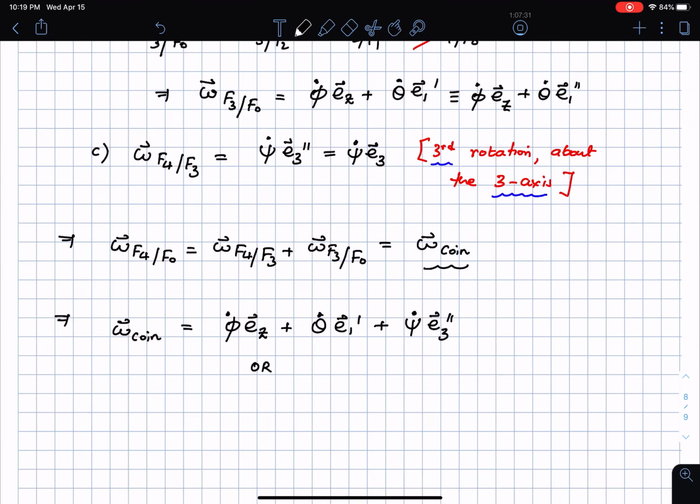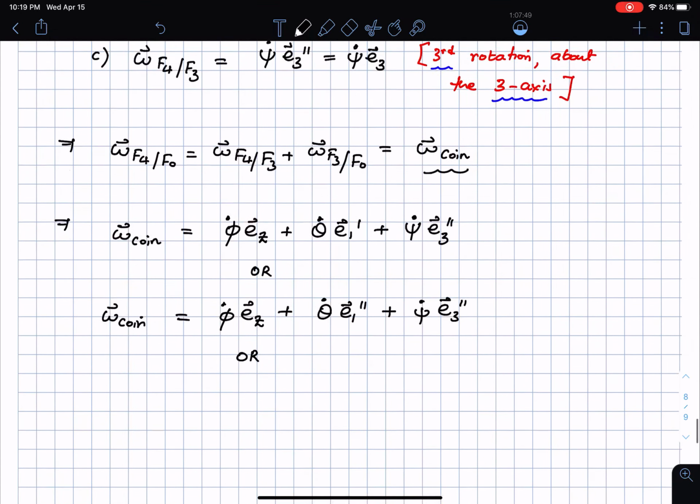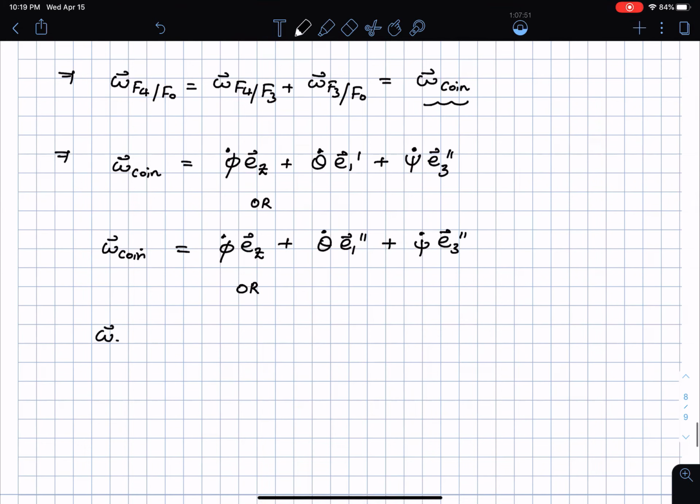Another way of writing this is phi dot in the Ez, theta dot in the E1 double prime, and then psi dot in the E3 double prime. These are all the same thing. Omega of the coin can be written as phi dot in the E3 prime direction, theta dot in the E1 double prime direction, and psi dot in the E3 double prime direction. They are all the same things.